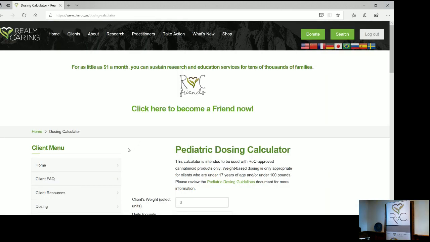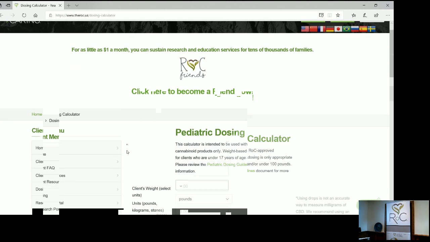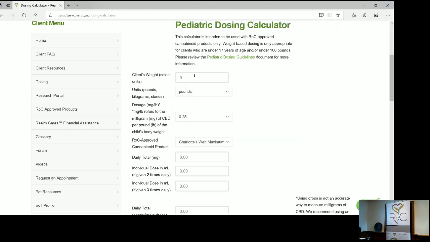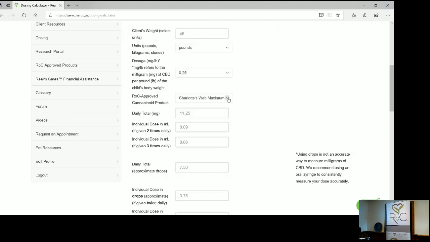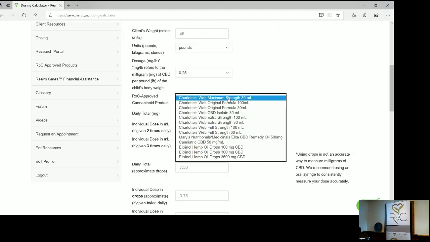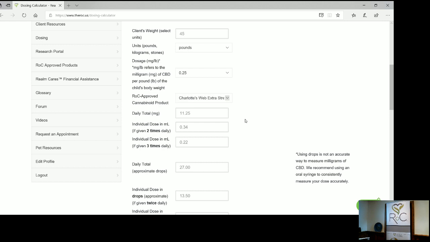And let's say that our client is 45 pounds. And that person is using the extra strength from Charlotte's Web. Just as an example, the extra strength has 500 milligrams of CBD in the bottle.